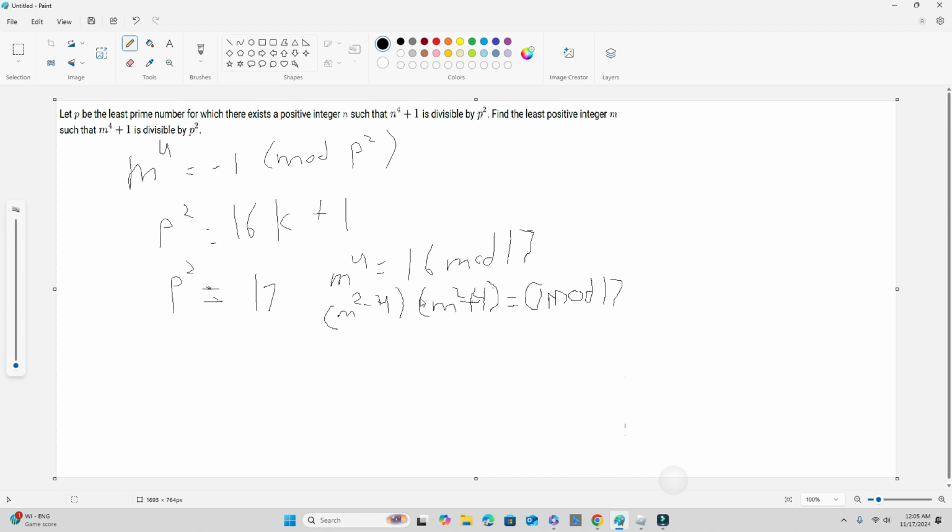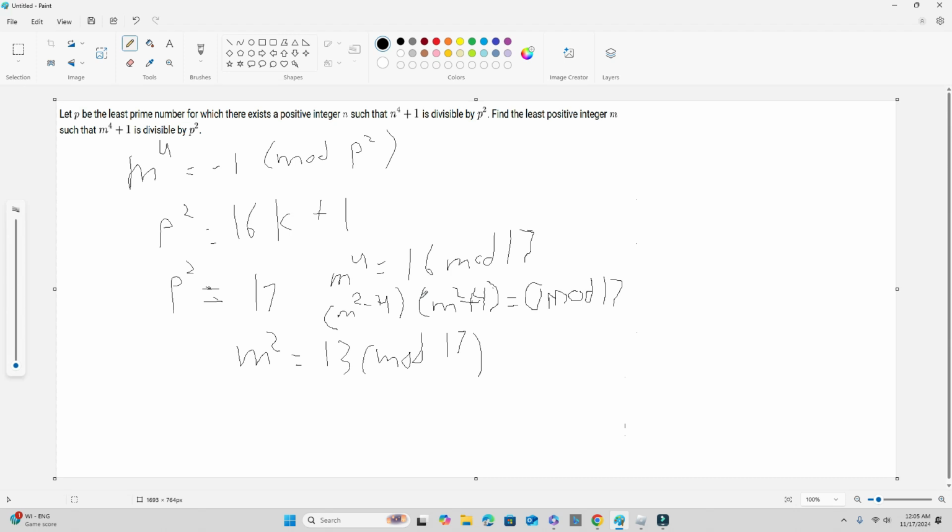So m squared would be equal to 13 mod 17. So little by little, we're reducing powers here, as you notice. Alright, that's probably the best.